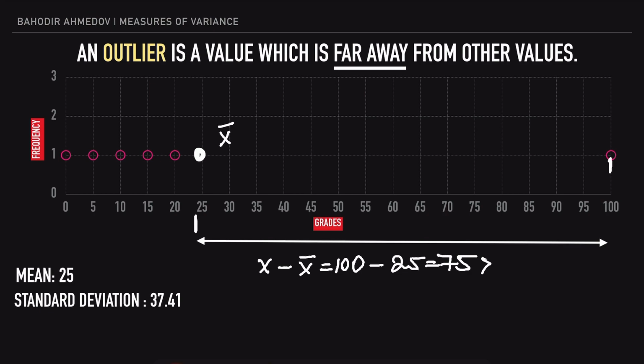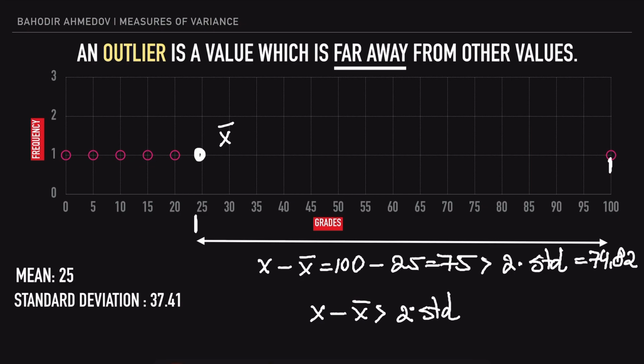Okay, so the distance between the mean and the point is equal to 75, and this is more than one standard deviation, 37.45, but it is even bigger than 2 standard deviations, which is roughly 74.82. So in this case, the distance between the point and the mean is bigger than 2 standard deviations.